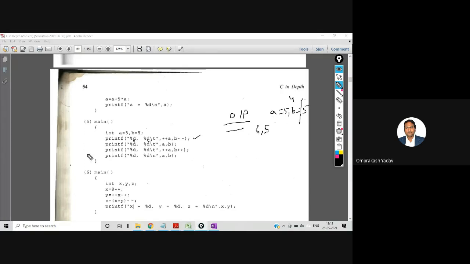Now in the next line, it's %d comma %d, and after this there is a tab. So we have to print the value of a and b. What is the a value? 5 only, right? But the b value got changed to 4.